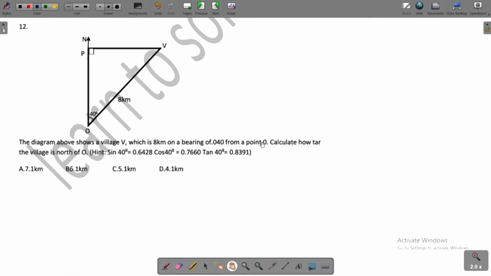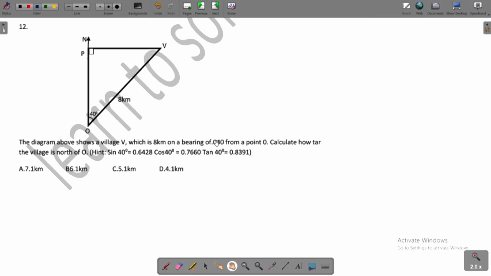Question 12 says that the diagram above shows a village V which is 8 kilometers on a bearing of 40 degrees from a point O. Calculate how far the village is north of O. Given sin 40 equals 0.6428, cos 40 degrees is 0.7660, and tan 40 degrees equals 0.8391.